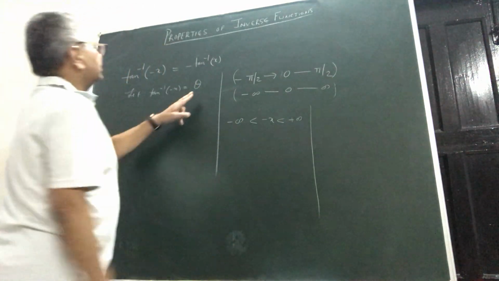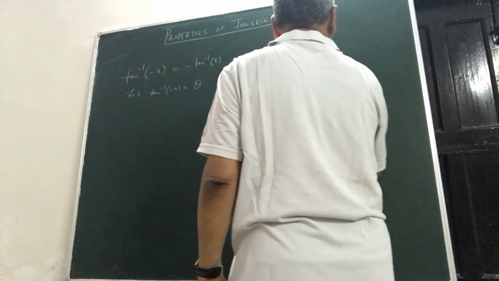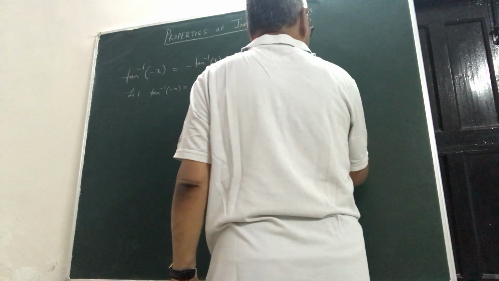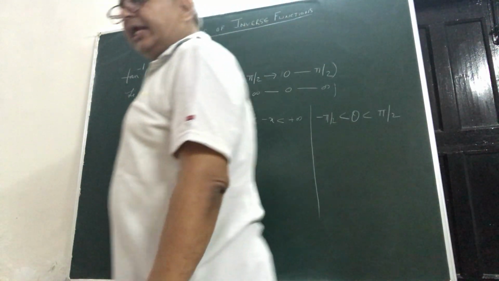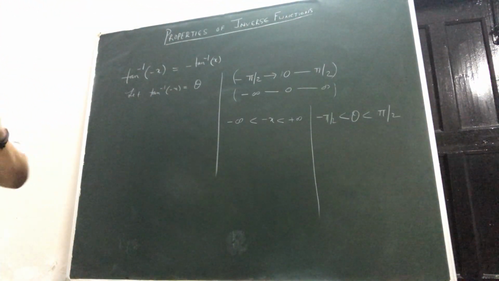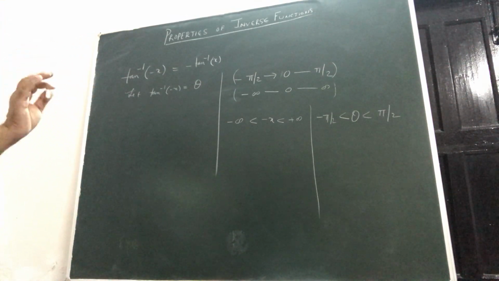And theta will lie in the open interval minus pi by 2 to pi by 2. Please do this analysis and make sure that all the things fall well within their ambits.